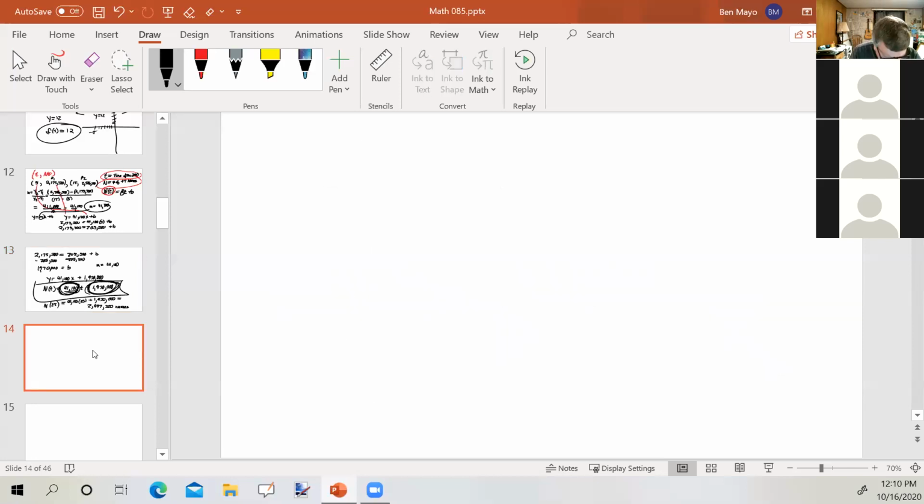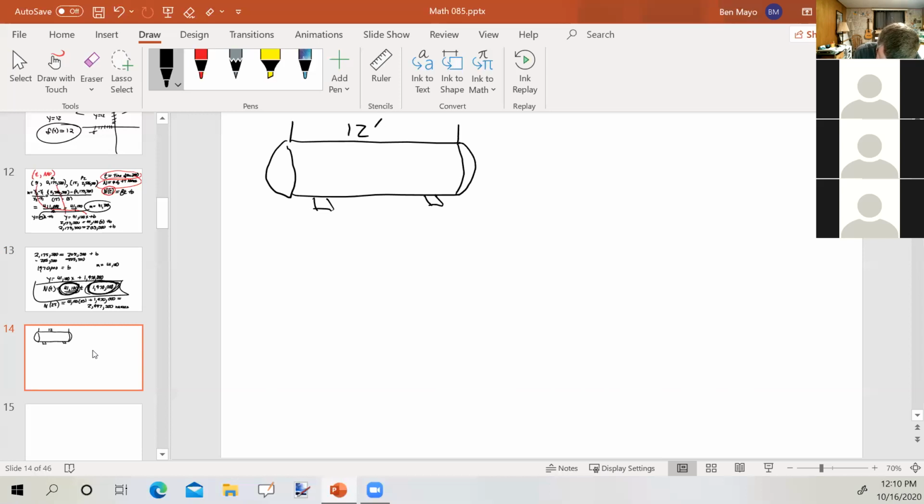Okay, we've got a storage tank. And this is why I'm not teaching art class. And we know that this distance is 12 feet. And this end cap is kind of a dome shape.